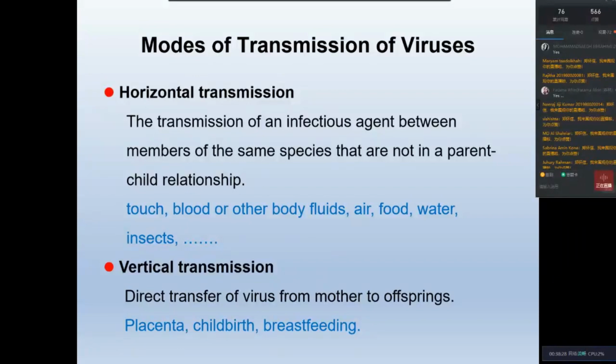Or it might be carried by insects. For example, the virus can be transmitted through mosquitoes. So this is horizontal transmission.